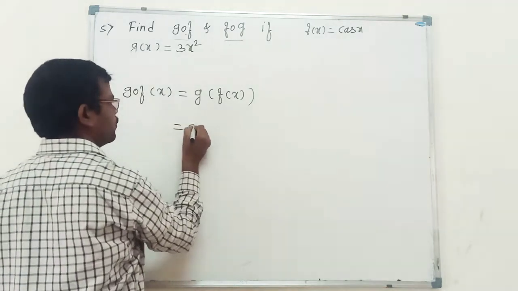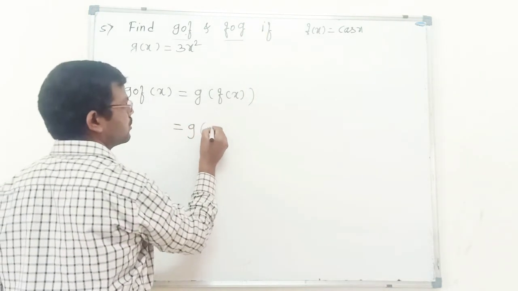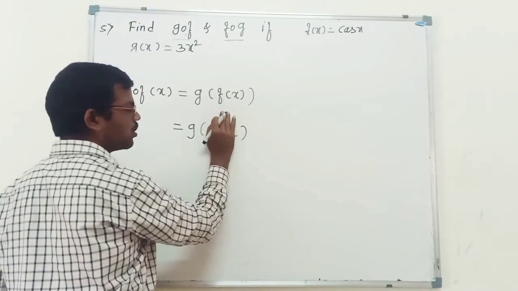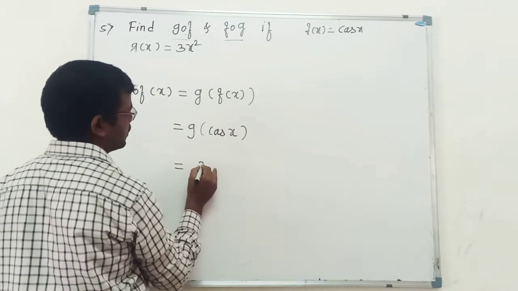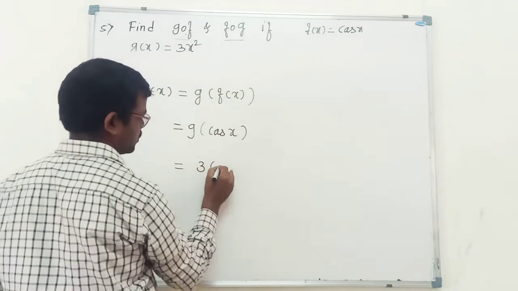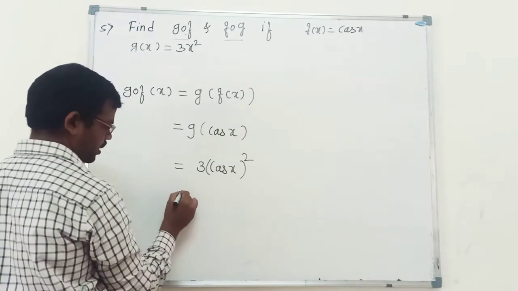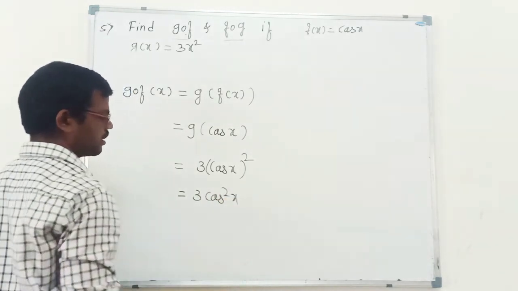So g of f of x means what? Cos x. So where there is x, we have to put cos x in g of x. So that is g of x is 3 cos x whole square. So we can write this as 3 cos square x.